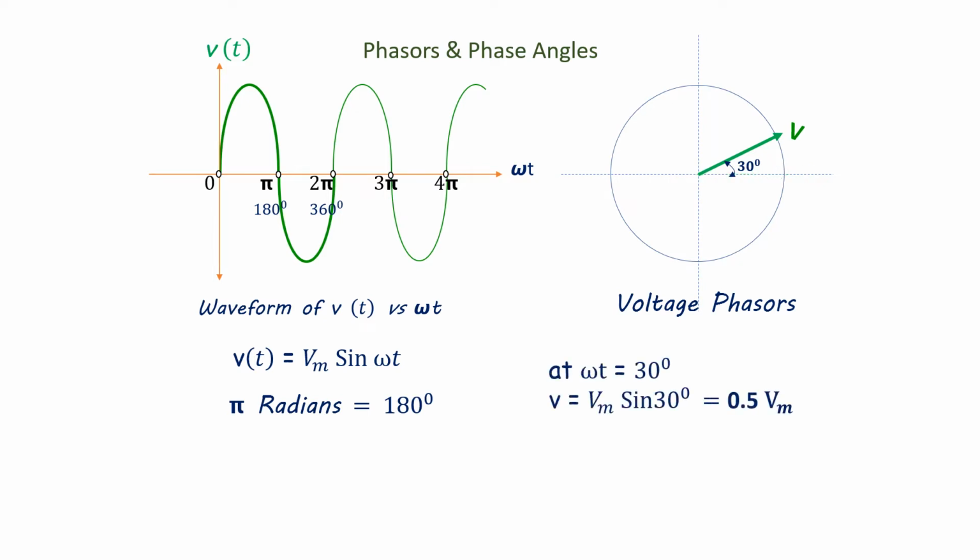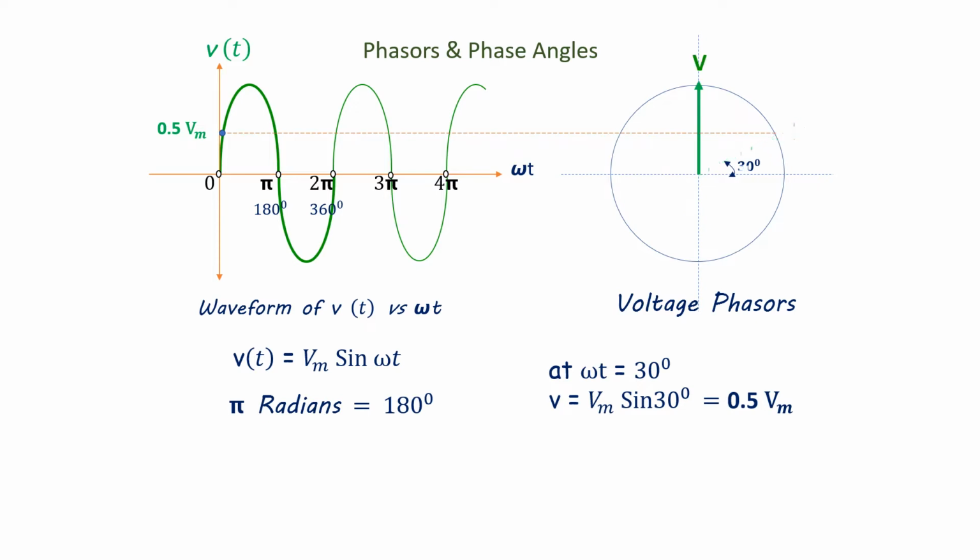If you calculate now at omega t is equal to 30 degrees, it will be Vm sine 30 degrees and equal to 0.5 Vm. So from the waveform you can see at 30 degrees the value of voltage has increased towards positive to a value of 0.5 Vm.